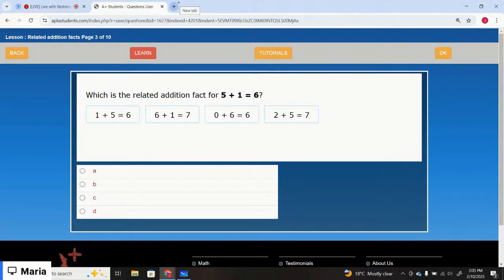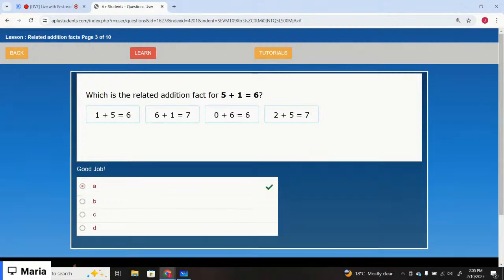Which is the related addition fact for 5 plus 1 equals 6? The correct option is option number A, 1 plus 5 equals 6.